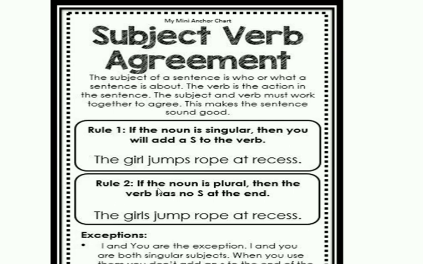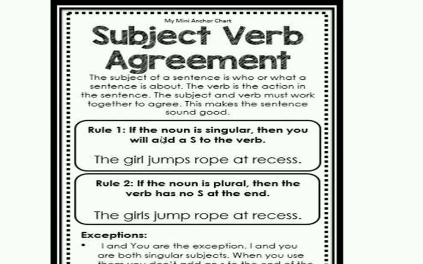Next, rule 2. If the noun is plural, then the verb has no s at the end. Look here, the girls. Here, girls is plural. So, we don't write s here to the verb. If we write s, it's a blunder mistake. We should not write s here. So, the girls jump rope at the recess.